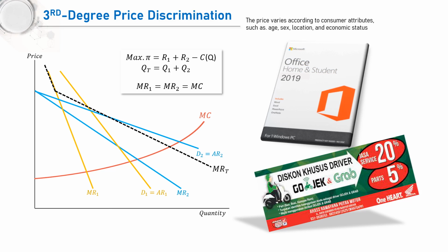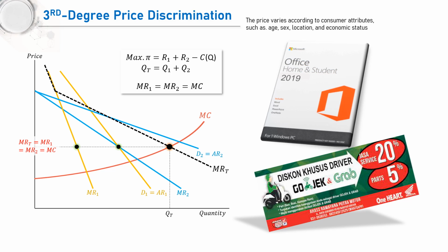The horizontal summation shows the summation of Q1 and Q2, which results in the total demand or QT. With MRT, now we have the correct intersection resulting in total output produced at QT. So at this point, MR1, MR2, and MC are all equal in value.